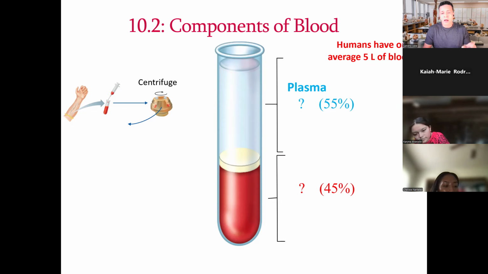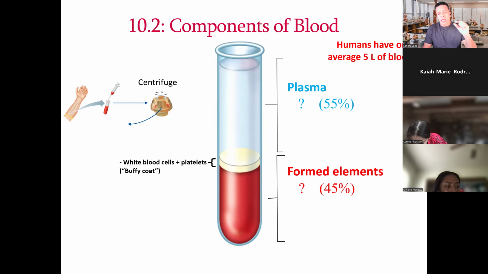Now, the rest of the blood is what we call the formed elements. And the formed elements are a fancy name for the cells. So these are the blood cells. In between the plasma and the bottom of the tube here with the red stuff, we're going to have a cream colored layer called the buffy coat. And within the buffy coat, this is where we're going to find our white blood cells and our platelets.